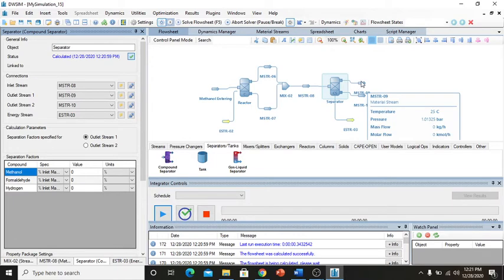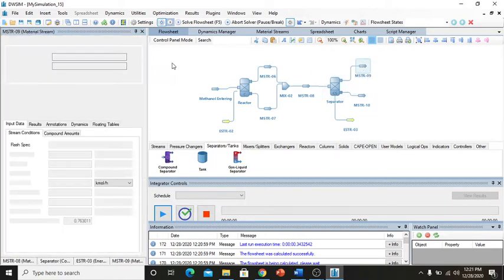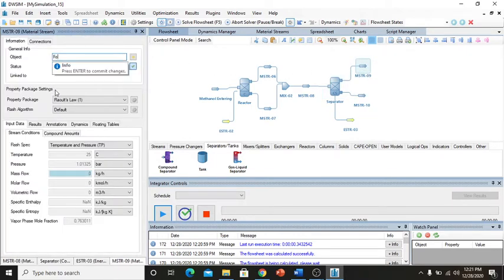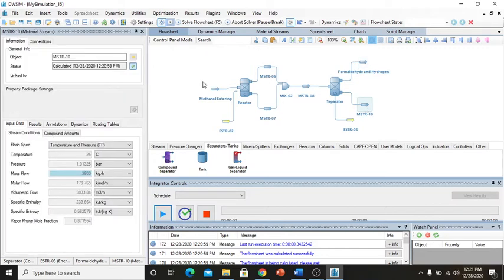Okay, so this stream should contain the formaldehyde and hydrogen only. And this stream should contain just methanol. So let's say methanol recovered.